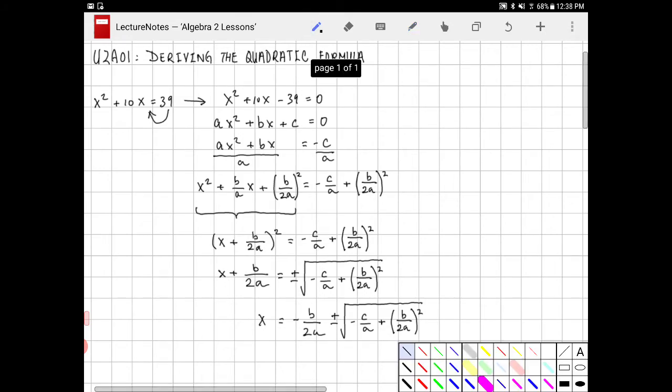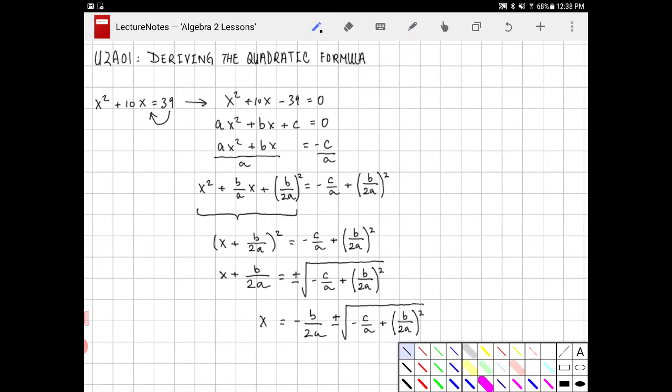We're going to do a little bit of manipulation to that last step. If you look at the last step, we really have two terms here: negative b over 2a plus or minus that giant square root.